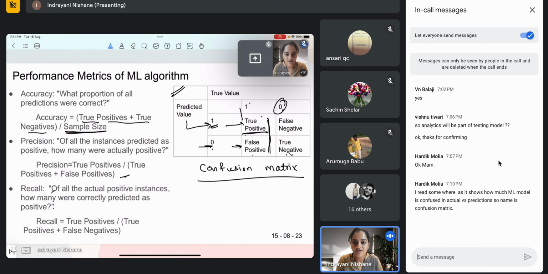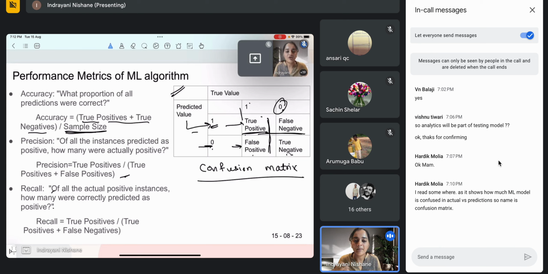The actual positive is this row: number of true positives plus number of false negatives, right?